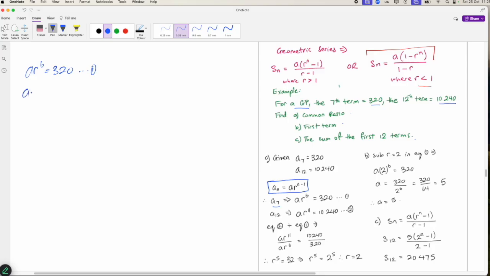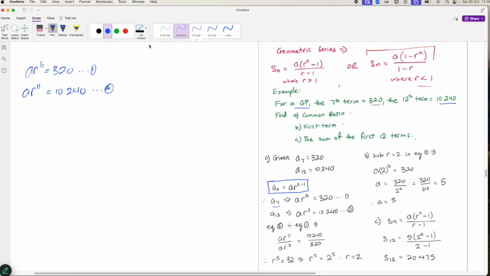And I have ar^11 and that is 10,240. That is my equation 2. And of course, I have to solve them simultaneously here as well. I bet you all didn't know that when you're doing simultaneous equations, you could also divide and multiply the equations.